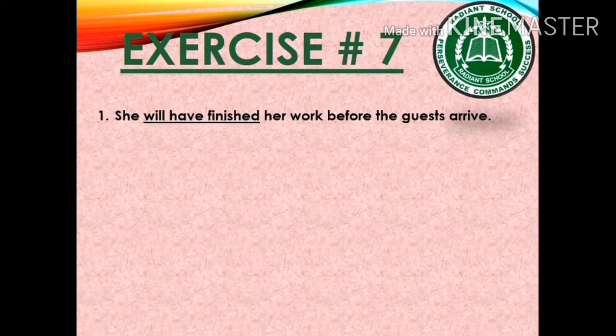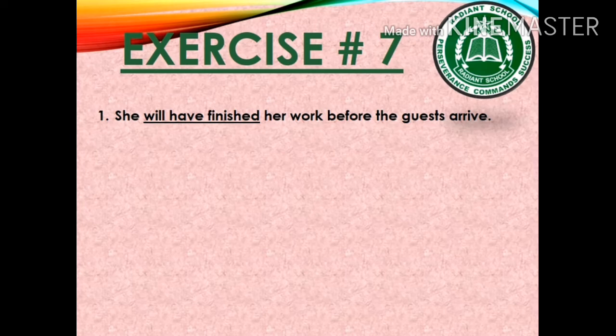She will have finished her work before the guests arrive. Which tense is used in this sentence? Yes, future perfect tense. Here you can see that before is written in the sentence, but after before there is the first form of verb, meaning present indefinite tense is used.